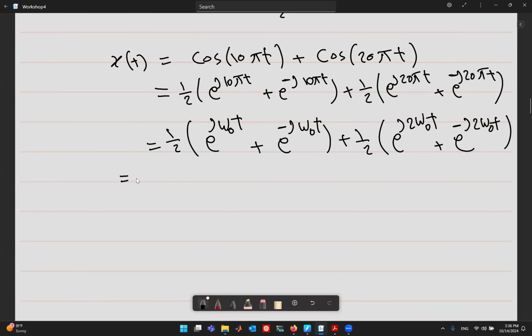Let's rearrange the terms. I write them this way and you will see why.